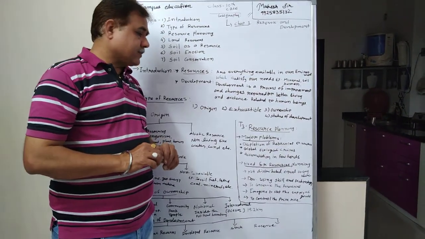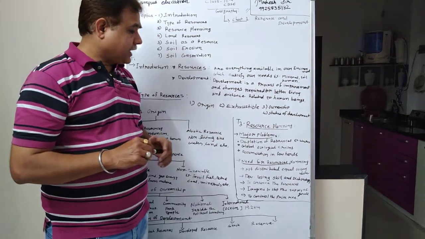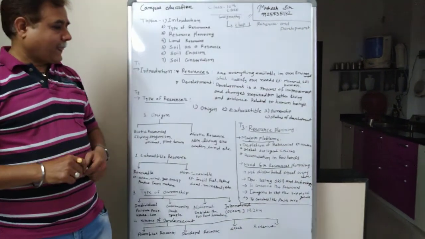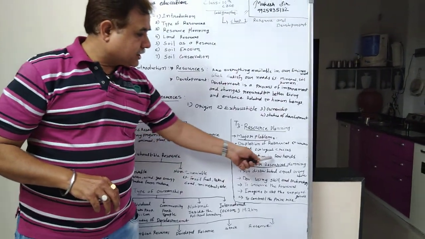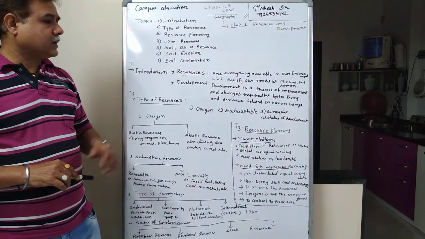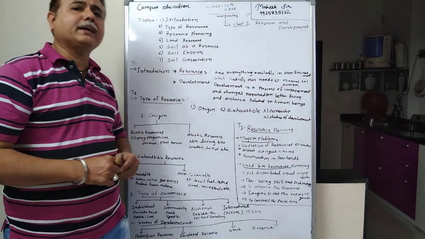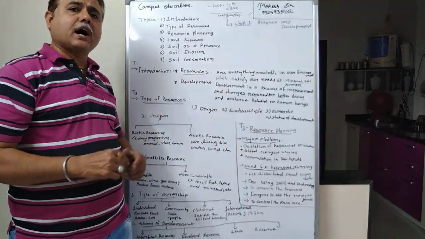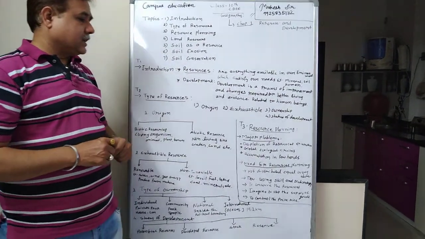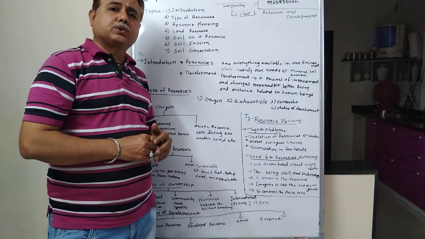So if we cannot use it properly, then its price rises day by day. Now accumulation in few hands. If we are not using resources with planning, some resources are acquired by a single person, so it is difficult for the nation.